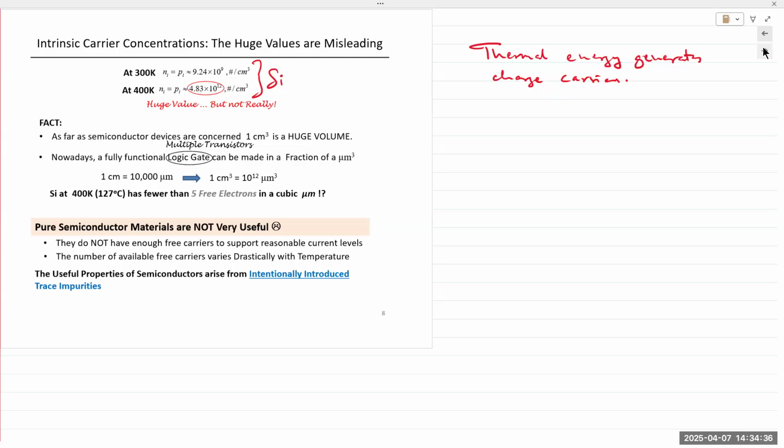Electron moves out of its spot: you have a negative charge just generated and a positive charge that is generated. If that electron is moving around the crystal structure and jumps into another empty spot, it's called recombination. Recombination gets rid of one negative charge and one positive charge.